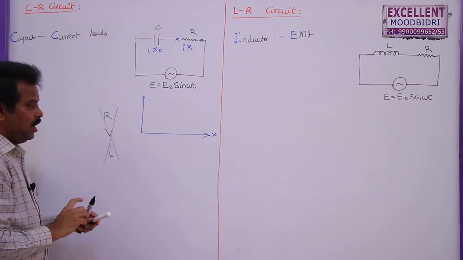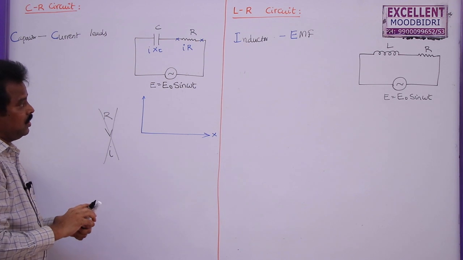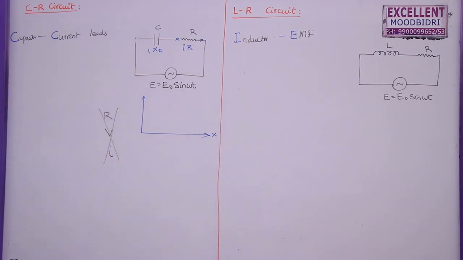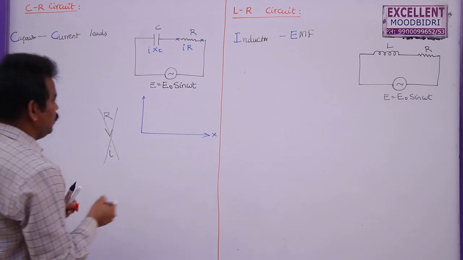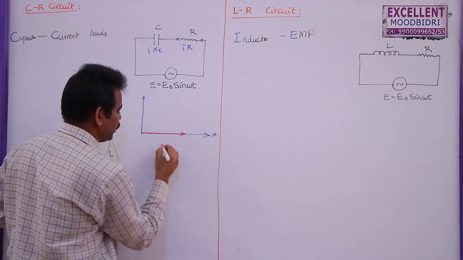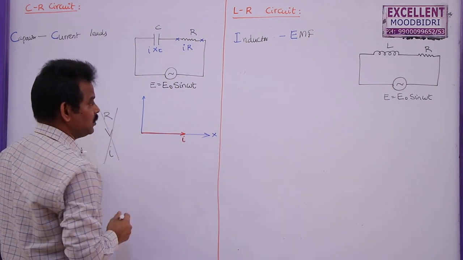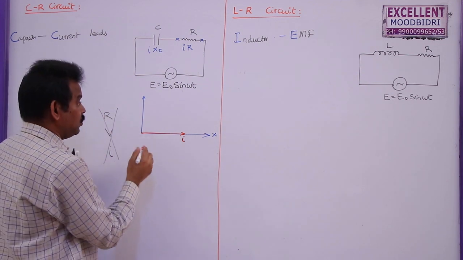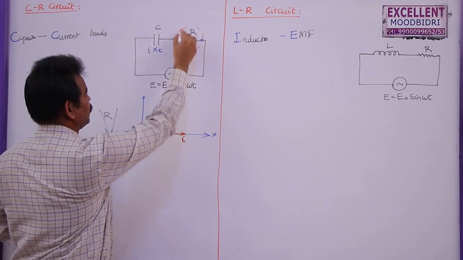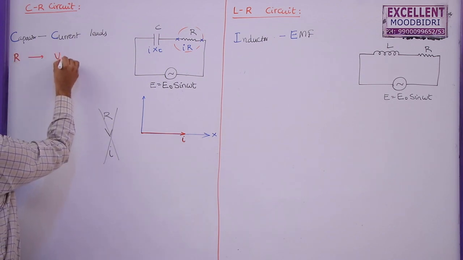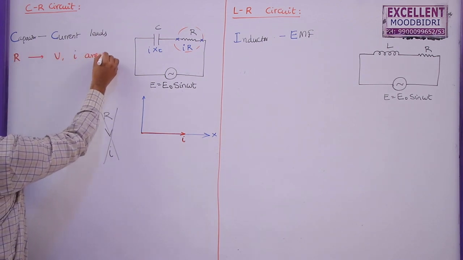In this case, we always take current along the x-axis and represent the other quantities on the other axis. Here I take this as the current I passing through the capacitor and resistor combination, and the voltage drop across it.